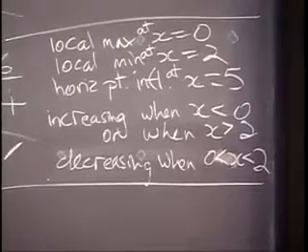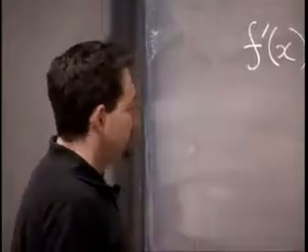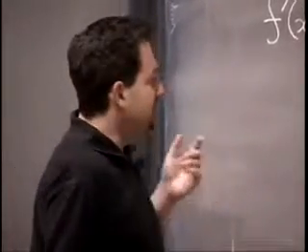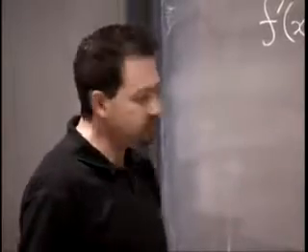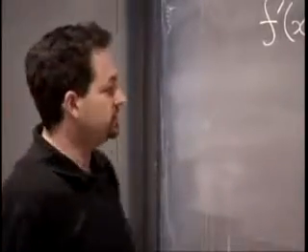So the power of the table of signs, which is a major part of the curve sketching arsenal, is that you can tell where the function is increasing or decreasing, and also you can classify the critical points.